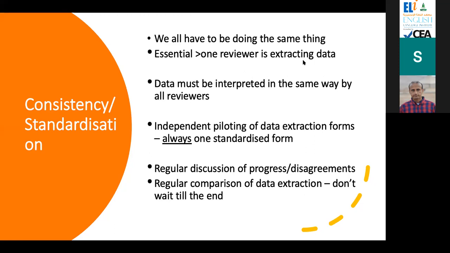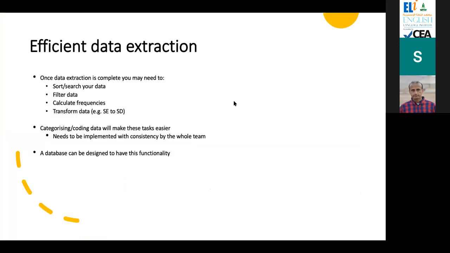Essentially, when one reviewer is extracting data, in the same way other reviewers should also be interpreting the data, because this consistency determines the integrity of that particular research. So these are important points. Regular discussion of progress, agreement, and disagreement should be held. These are important guidelines that we can see.